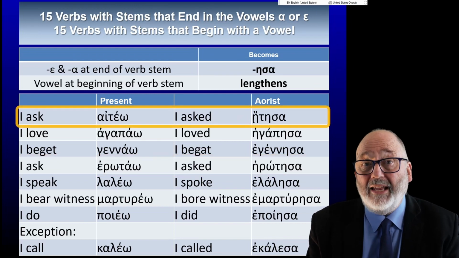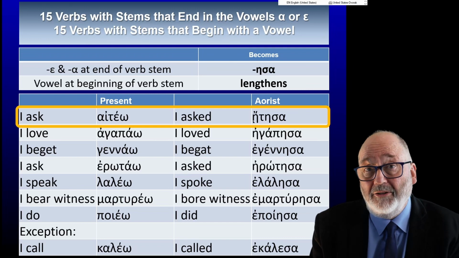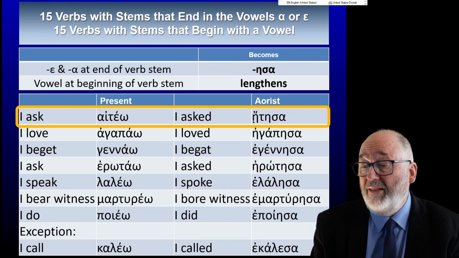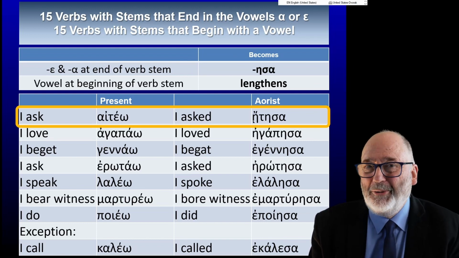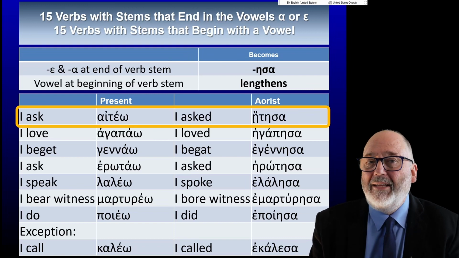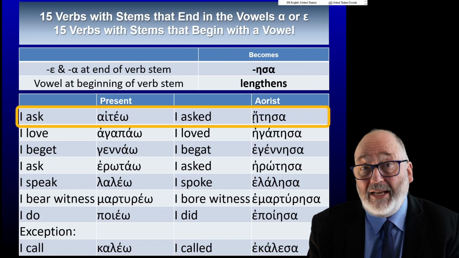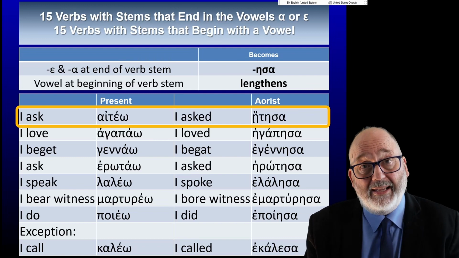It also does that with aiteo, but you'll notice that there's an iota involved, and quite predictably, the iota becomes an iota subscript to end up with atesa. Well, it's all right going from aiteo to atesa, but remember, when we're translating from the Greek New Testament, we see atesa. So we've got to go back to say, well, what did this begin as?